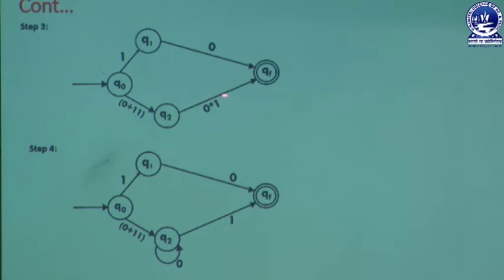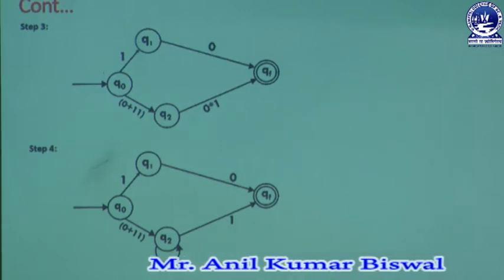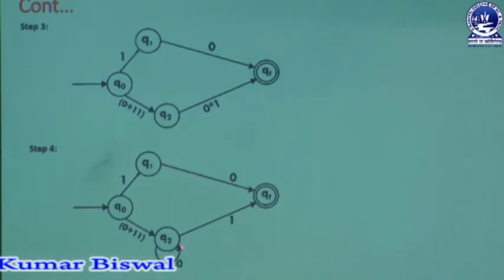But here Q2 takes the expression 0* 1, and this is broken here. 0* means we can get empty, or zero, or more zeros, so it is self-redirected. This Kleene closure property always needs to be self-redirected, meaning it may produce zero zeros or more than one zero. So Q2 has a self loop, and when Q2 takes input symbol 1, it automatically redirects to QF. In this way we get this transition diagram.